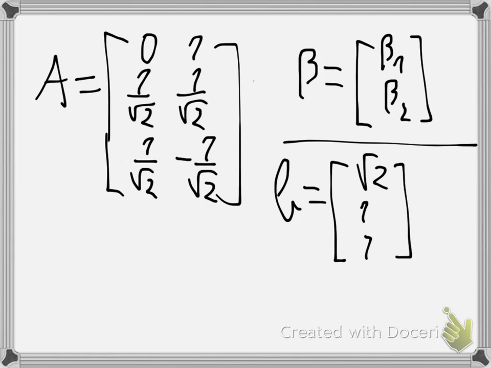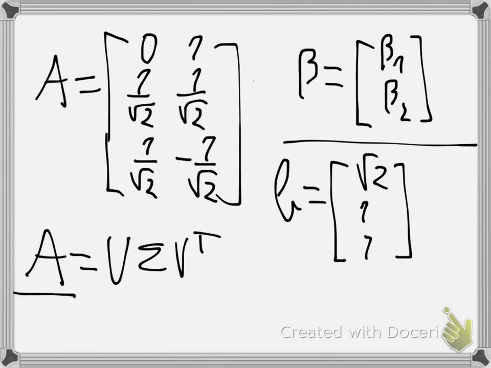Okay, so these are the values, and now I want to approximate them using the matrix A and the values of beta that I have to determine. And I will solve that using the singular value decomposition.